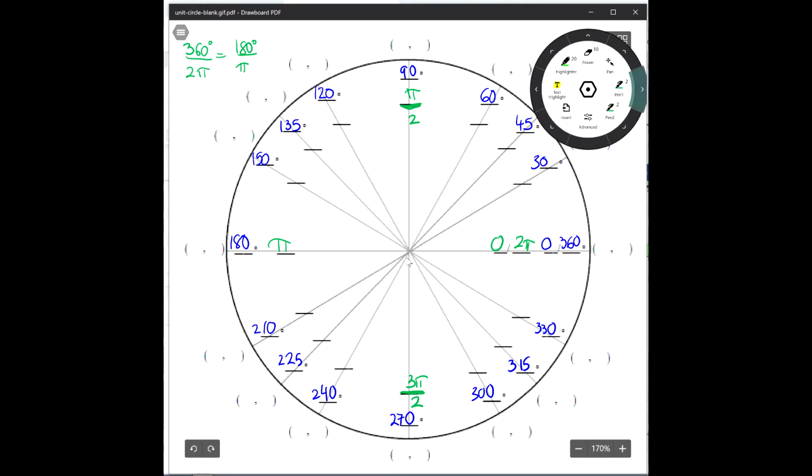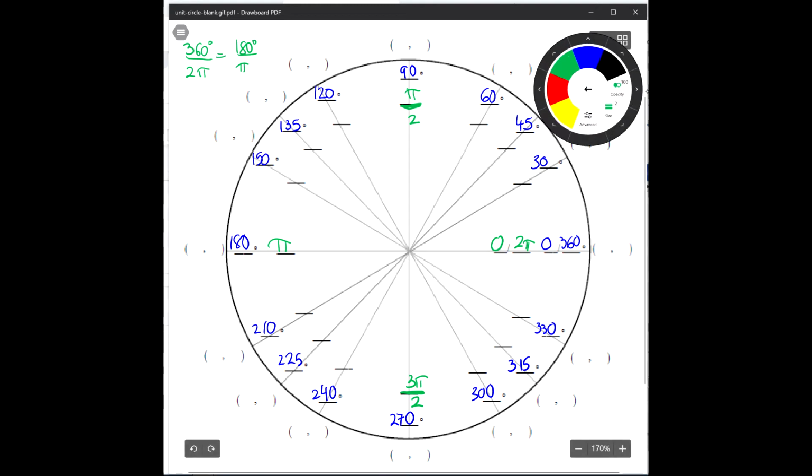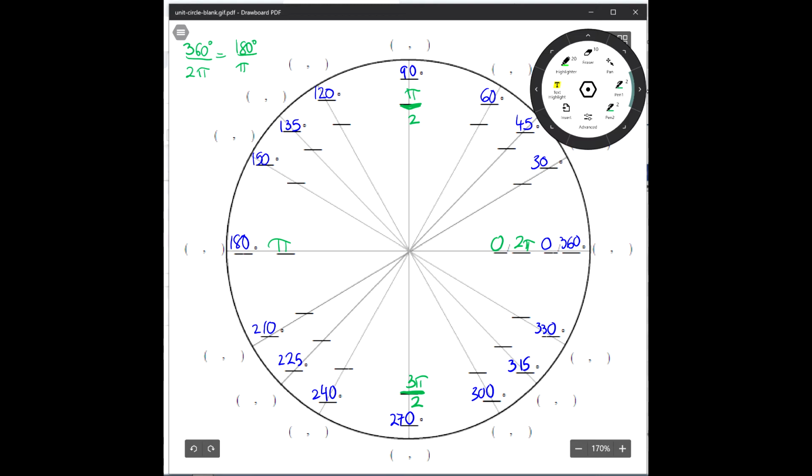Okay, since we know the unit rates between degrees and radians, we can convert 30 degrees into radians now. I start with 30 degrees and convert that into radians.